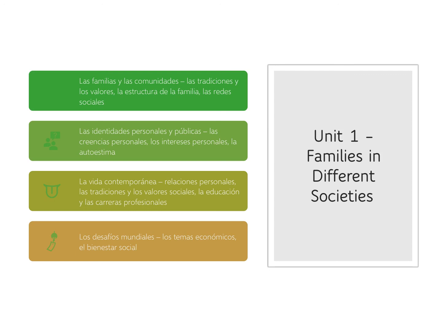The third topic within this unit is la vida contemporánea, and that's going to cover relaciones personales, las tradiciones y los valores sociales, la educación y las carreras profesionales. And then the final topic that they're going to cover is los desafíos mundiales, and within that talk about los temas económicos y el bienestar social.